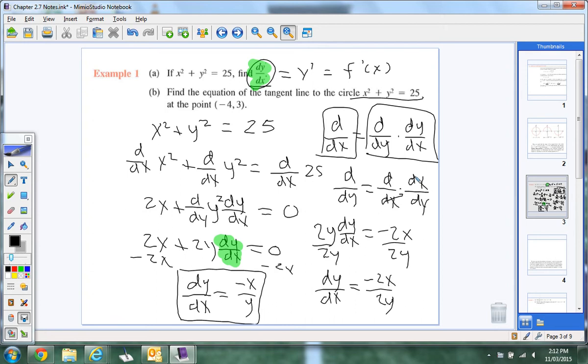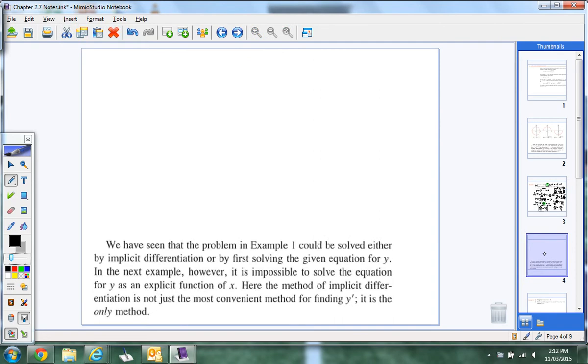We just did part A, so we found dy dx. Now we have to do our same stuff we've been doing. It says at the point negative 4, 3. So I have an x and a y. Okay, so all I do for part B here, our f prime of x, or our derivative, is negative x over y.